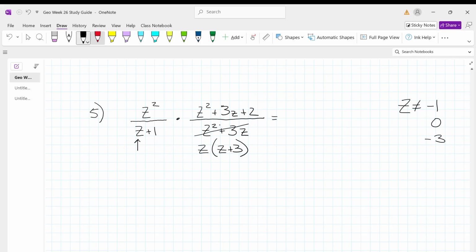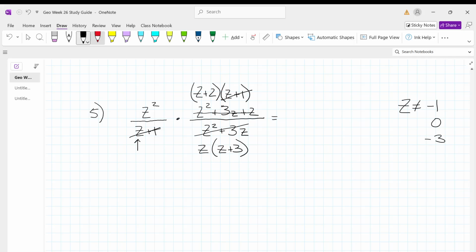So we're going to factor this numerator to z plus 2 times z plus 1. And now we can start canceling. So z plus 1 cancels a z plus 1.